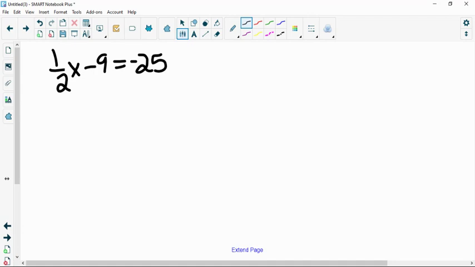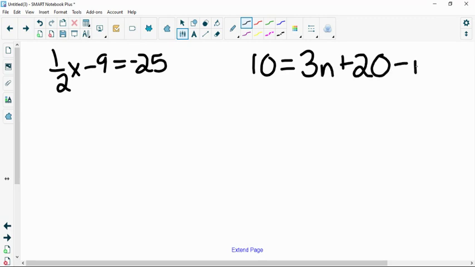And then solve 10 equals 3n plus 20 minus n. Pause the video, try those out, and then come back and see what the results are.